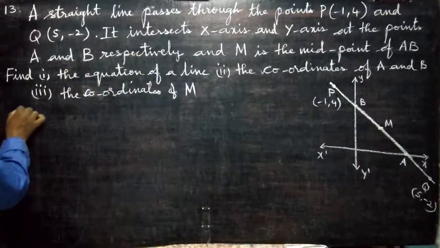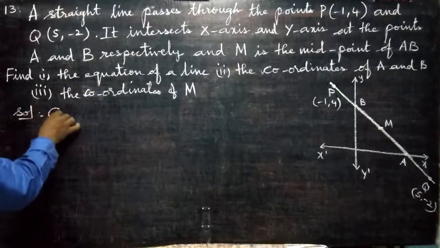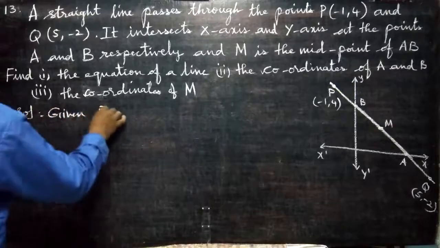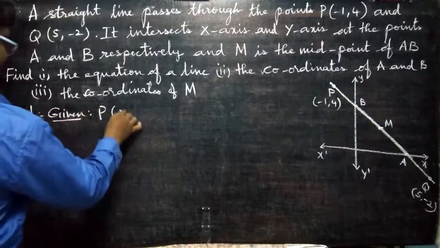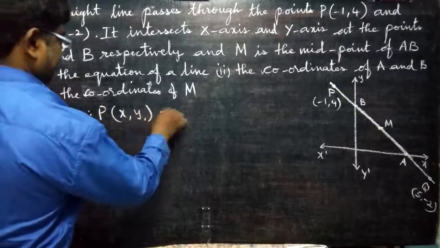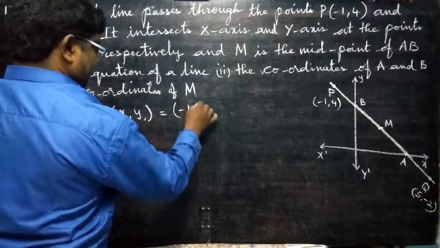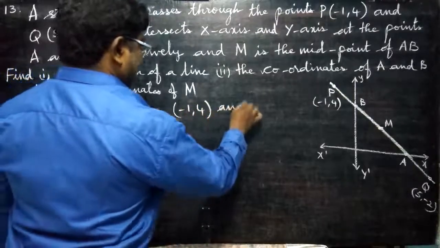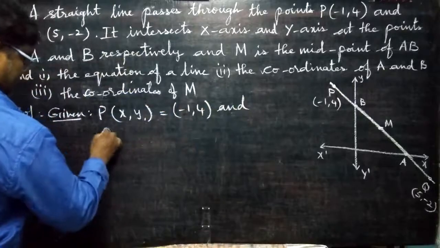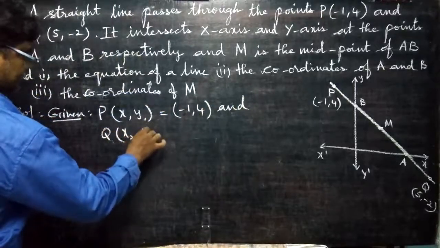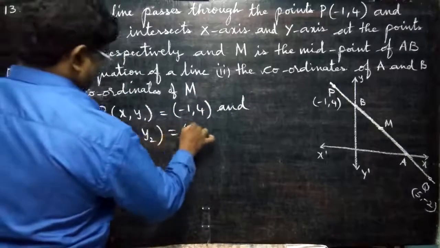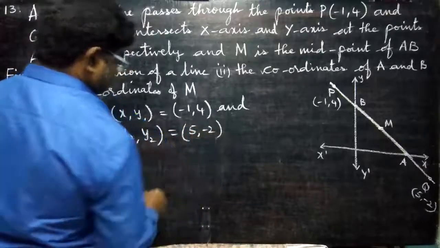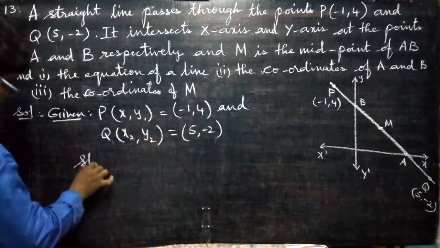Here 2 points are given. Solution given. They have given P (x1, y1) is equal to (-1, 4) and Q (x2, y2) is equal to (5, -2). First find slope.